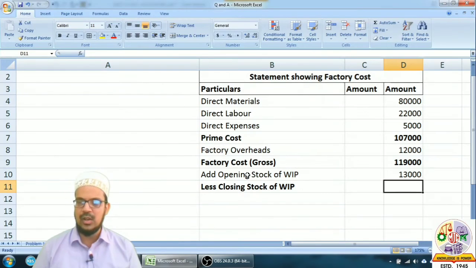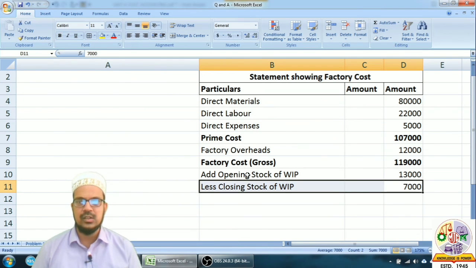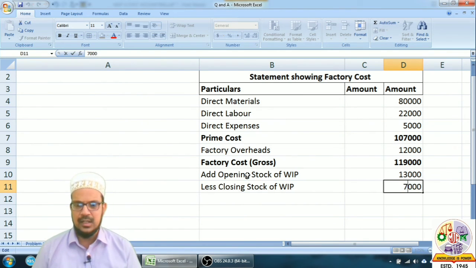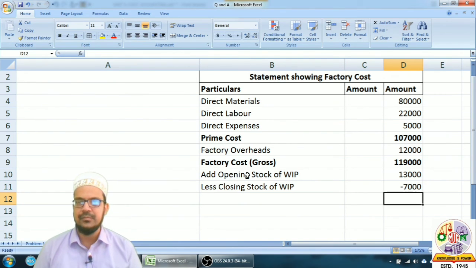Closing stock of WIP is 7,000. Deduct the closing stock of WIP, that is 7,000. Now this is a less figure, so it will be better if we write it with the minus sign or with a bracket sign.